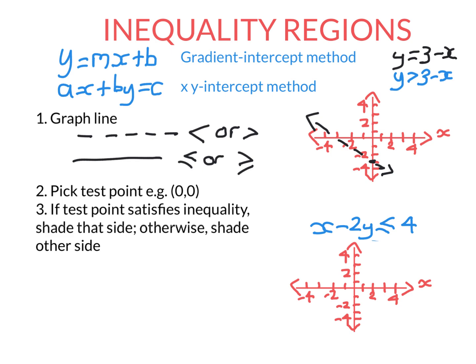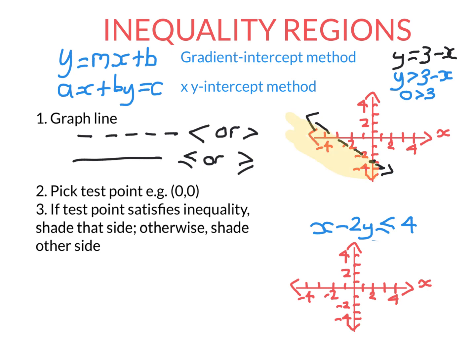If I do that, I get 0 is greater than 3 minus 0, which is 3. Of course, 0 is greater than 3 is absurd. That's not true. So 0, 0 does not satisfy the inequality. That means I'm going to shade the other side of the line, the side in which 0, 0 is not.